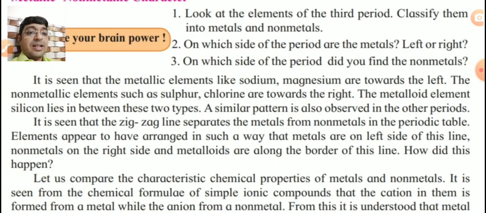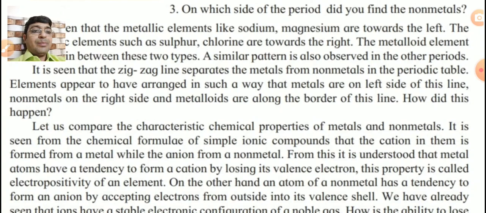So it is seen that the zigzag line separates the metals from non-metals in the periodic table. Elements appear to be arranged in such a way that metals are on the left side of this line, non-metals on the right side, and metalloids are along the border of this line. How did this happen? As per the study of properties of the elements.